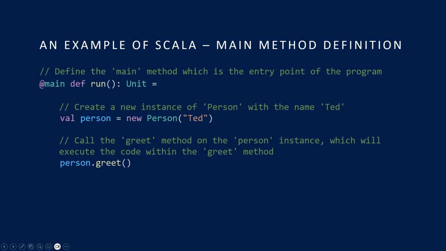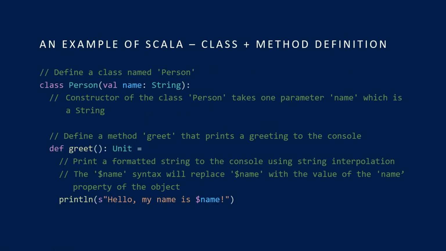So new Person Ted, and here's our instance now of Person. And then we can execute the code within the greet method by just doing person.greet. And so if we were to run that, and we just go back to the slide, you can probably see, hello, my name is Ted.